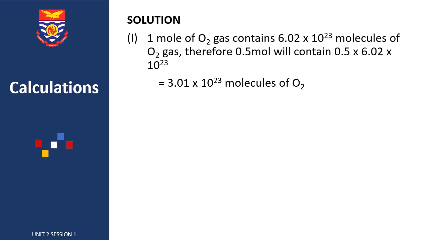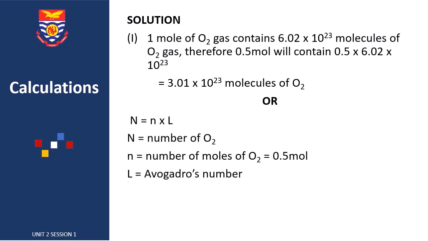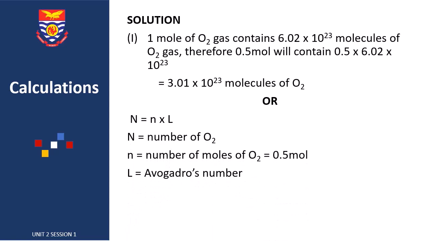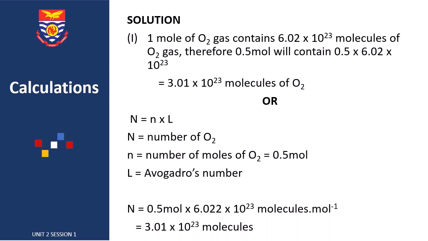Good. Remember, it is molecules per mole. So 0.5 mole times 6.022 times 10 to the power 23 molecules per mole. So the moles will cancel the per moles and we have molecules. Or we can just use the formula that we stated, capital N equals small n times capital L, and then we do our substitution and we arrive at the same answer.